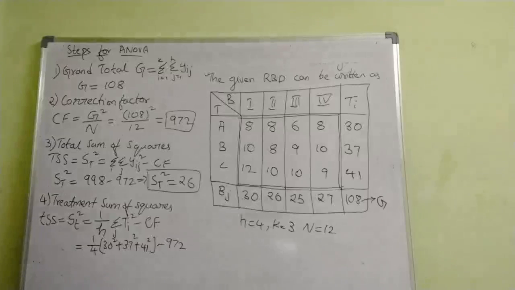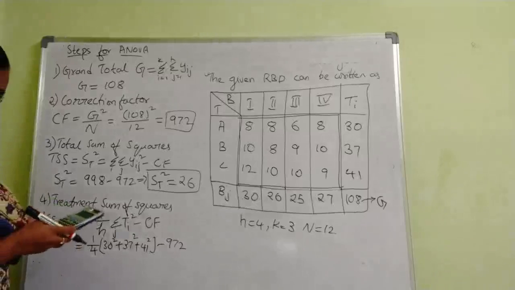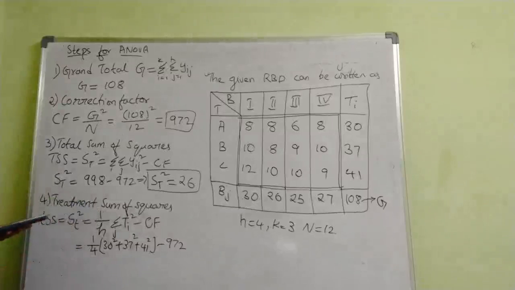So 987.5 minus 972, your treatment sum of squares value is 15.5.